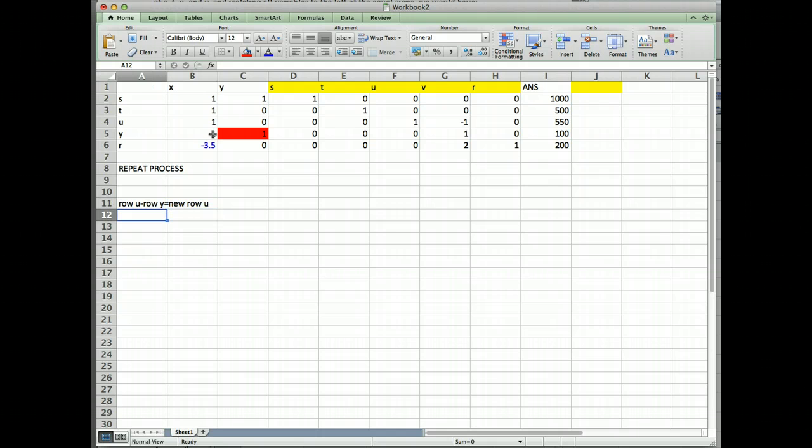Right? The process is going to be similar to get rid of the 1 in the S spot. Row S minus row Y equals the new row S. Row S minus row Y, 1 minus a negative 1. 1 minus a negative is plus, 2. 1 minus 1, 0. 1 minus 0 can stay 1. 0 minus 0, 0 minus 0. 0 minus 1, negative 1. 0 minus 0 can stay 0.